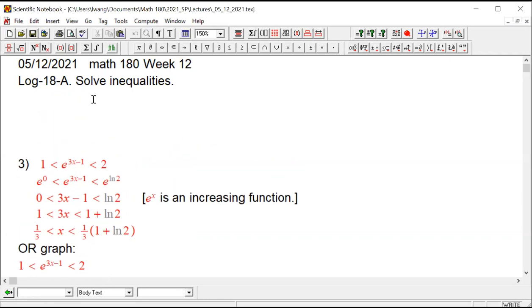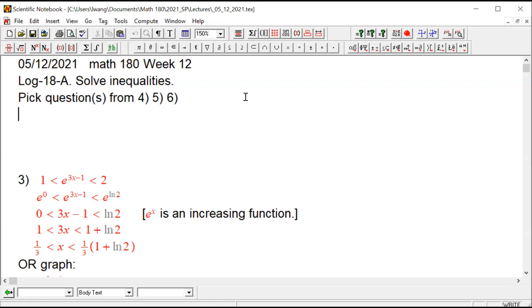Pick one, pick 2, pick 3 from 4, 5, 6. After class, you're going to have to do them all over, before we attack 7 and 8. Your turn. How would you deal with them?